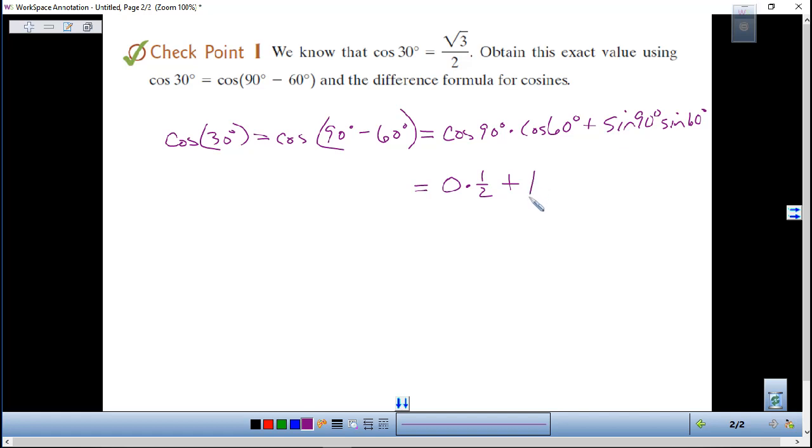Sine of 90 is 1, and the sine of 60 is the square root of 3 over 2. So we end up with the square root of 3 over 2, because that goes away to 0. So we did verify that the cosine of 30 degrees is the square root of 3 over 2.